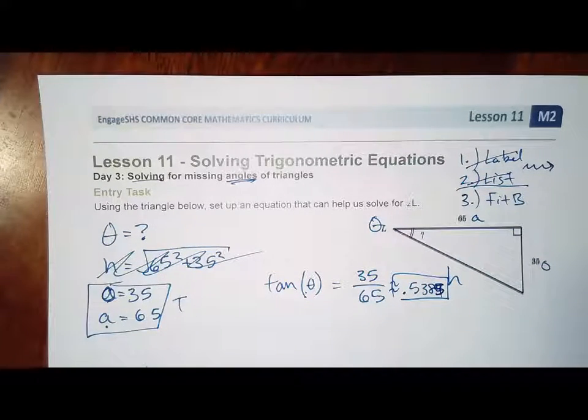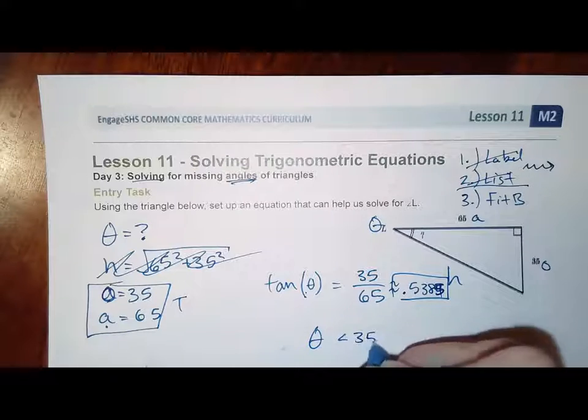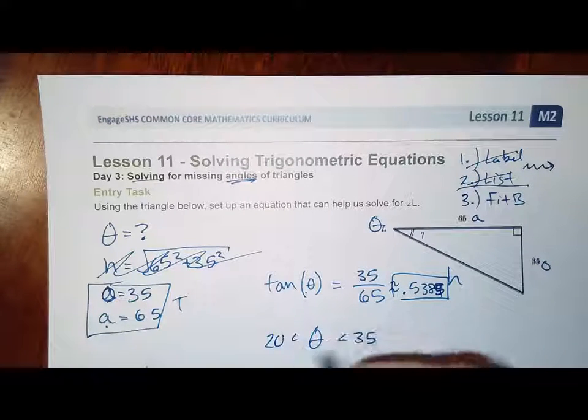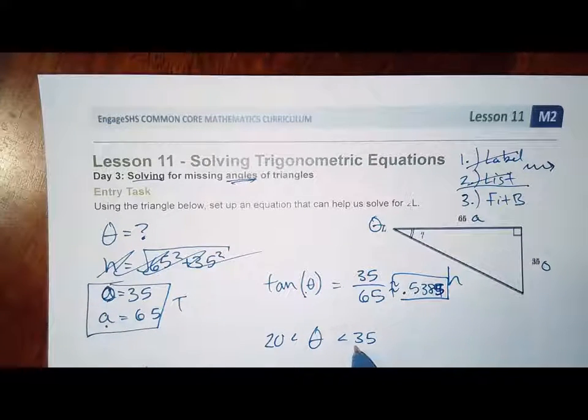So I could start by going tangent of 1. Nope. Tangent of 20. Nope, but it's closer. Tangent of 35. And it's somewhere between tangent 20 and tangent 35. So theta is between 20 and 35. And we can continue using the calculator to guess 30. 30 is really close.